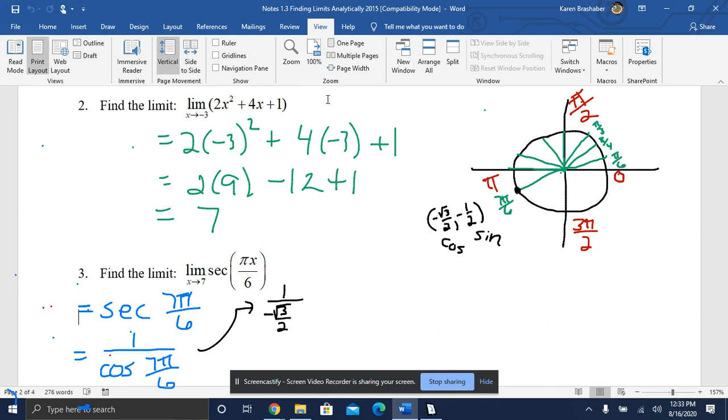And then that will simplify, doing the reciprocal, to negative 2 over the square root of 3. And then we can rationalize that denominator, so multiplying by square root 3. And your final answer is negative 2 square root 3 over 3.